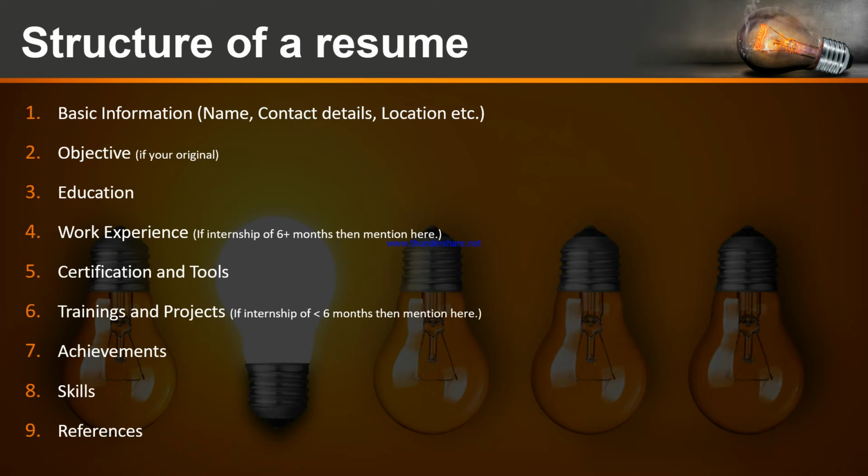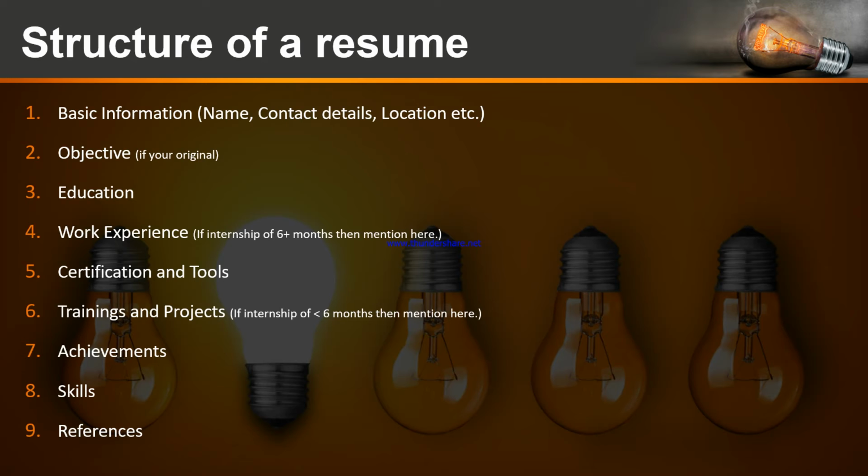And then next you will write skills. So skills are different from certification and tools. Let's say you have a certification of project management, okay, let's say I am having a PMP certification. Then in the certification, I will write PMP, but in skills, I will write project management.